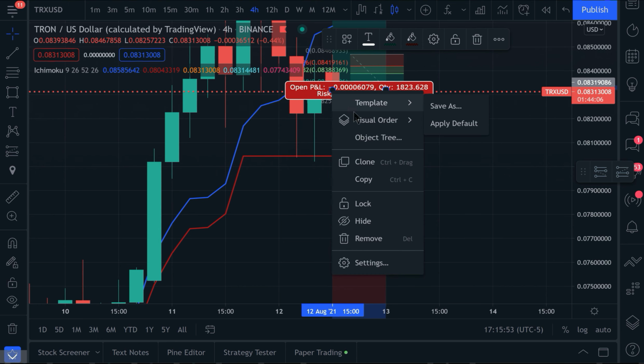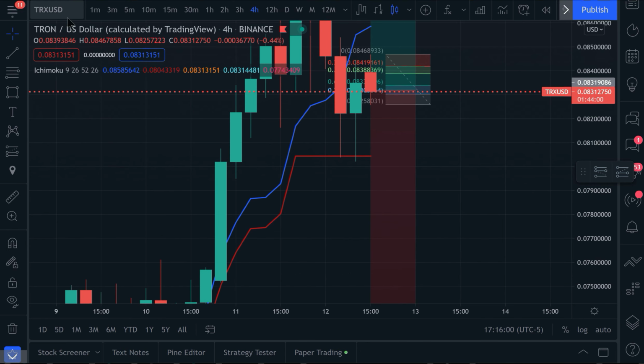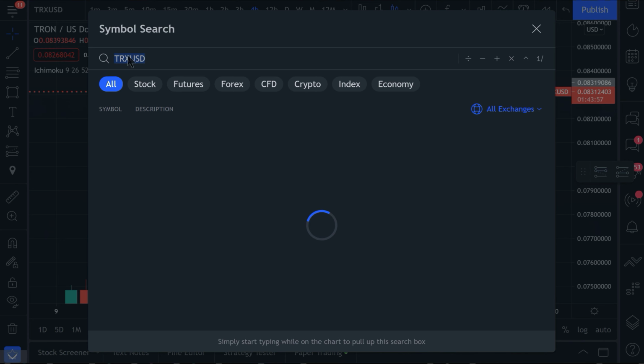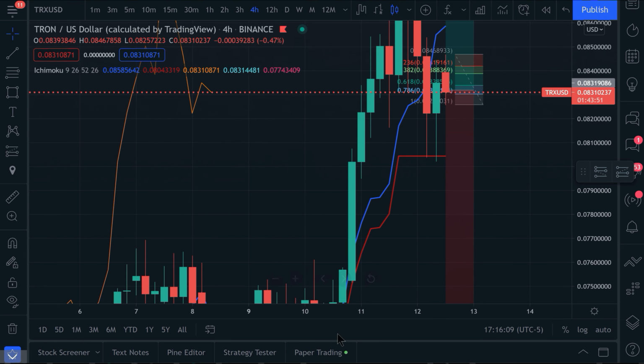So let's enter. I would like to enter, but paper trading. Maybe this is USDT. Sad. When you trade on paper trading, this is another thing to learn about.